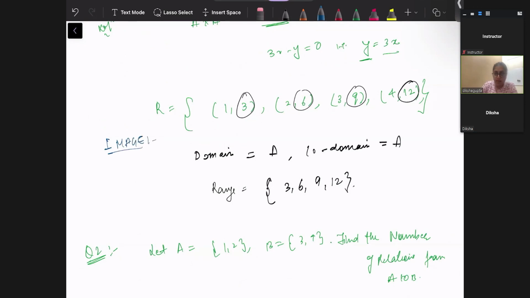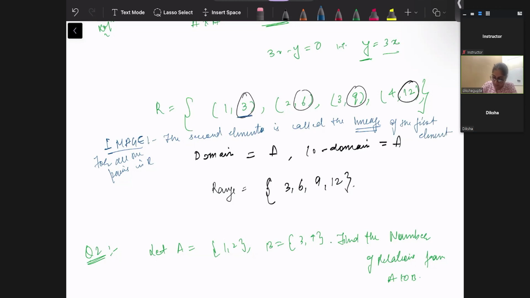In all the pairs in R, the second element is called the image of the first element.